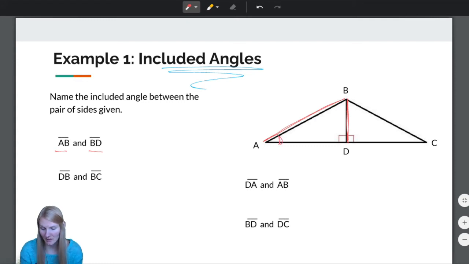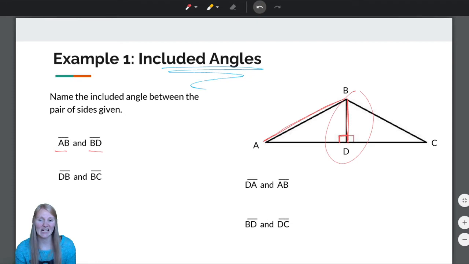This angle, angle A, isn't in between the two sides. It's only touching side AB. And this angle, angle ADB, is only touching side BD. So we need the angle that touches both sides and the angle that is in between them.